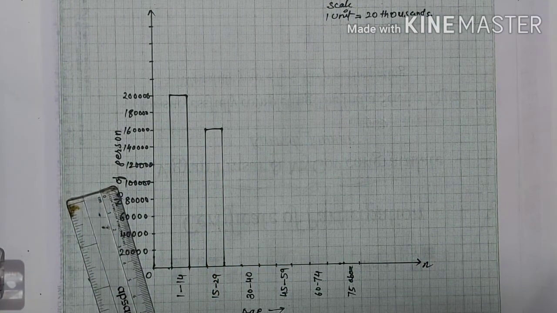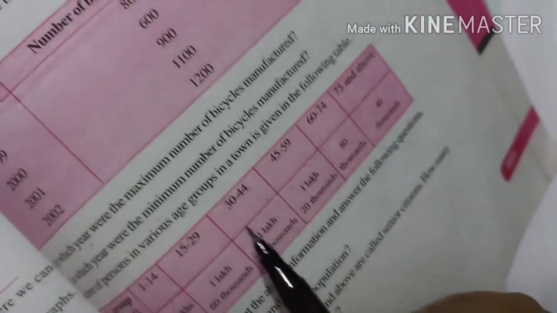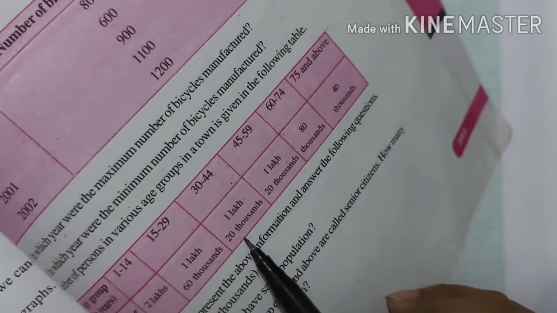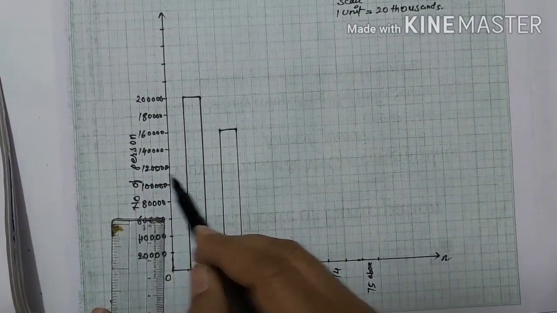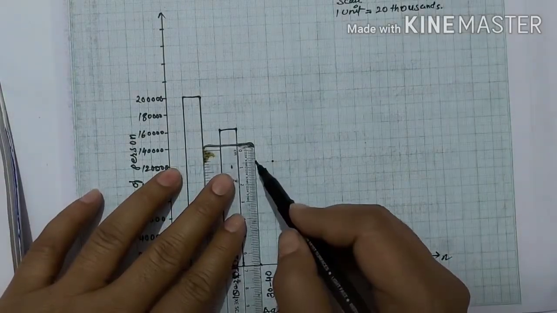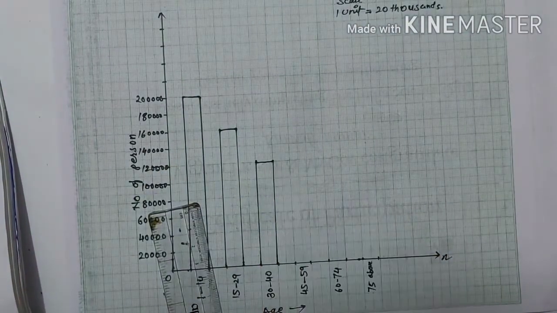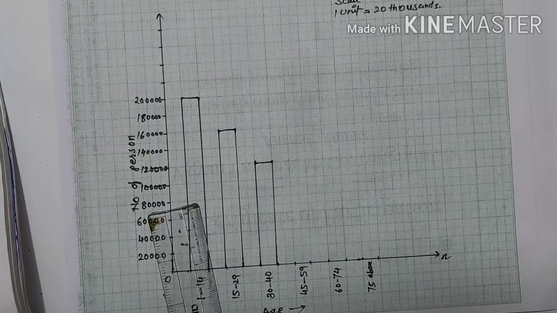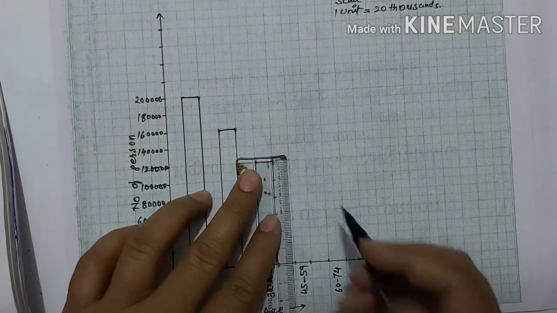Next, age group 30 to 44 is given 1,20,000. You have seen in the table that age group 30 to 44 is 1,20,000. Mark 1,20,000 here, and join the points. Next is 45 to 59, where the number of persons is 1,20,000, the same.